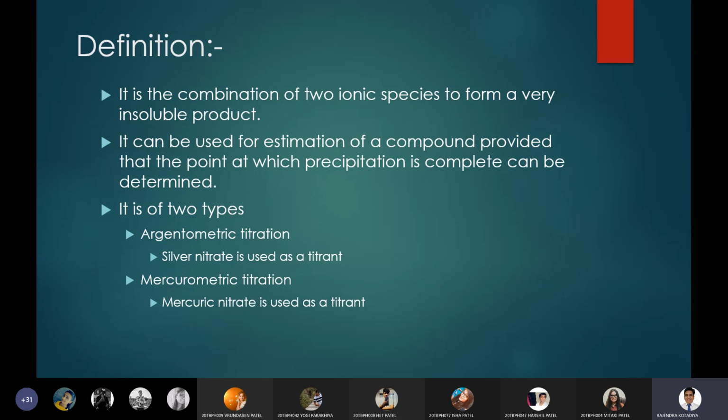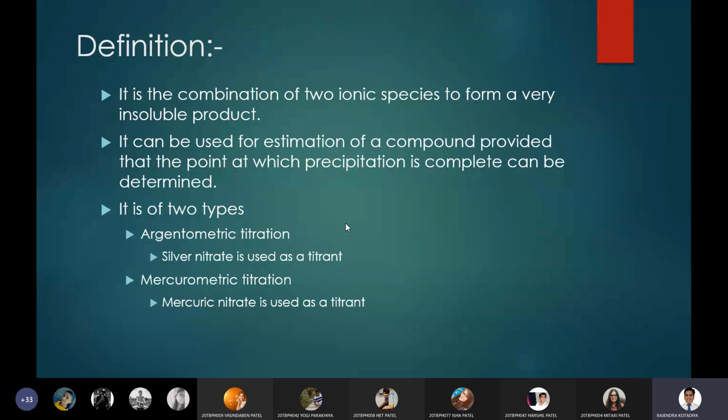We can utilize the concept of precipitation to find the concentration of an unknown substance, provided we can detect the point at which precipitation occurs.